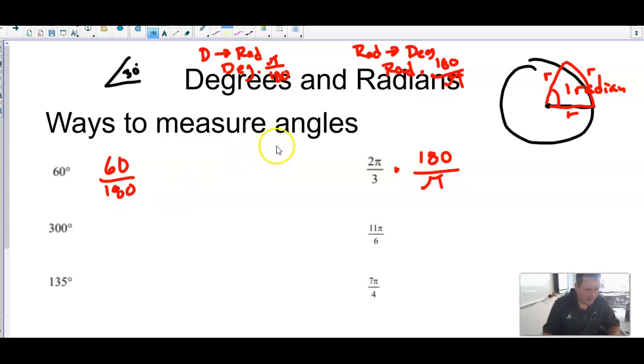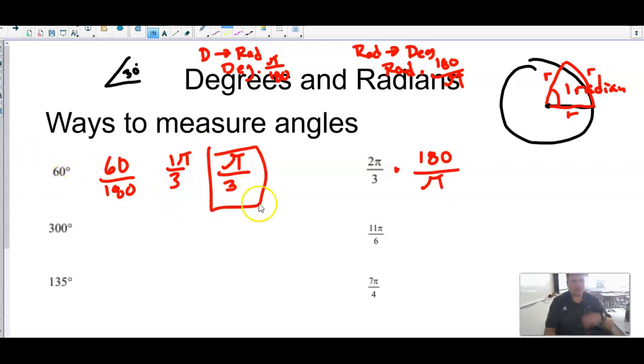When I simplify that, I get 1/3, and then I put the pi with it up here. So that would be pi over 3, or 1 pi over 3. That would be equivalent to 60. It's the same thing. It's like saying that 1 foot is 12 inches. So 60 degrees is the same thing as pi over 3 radians.